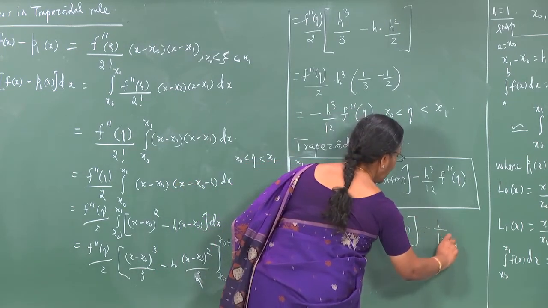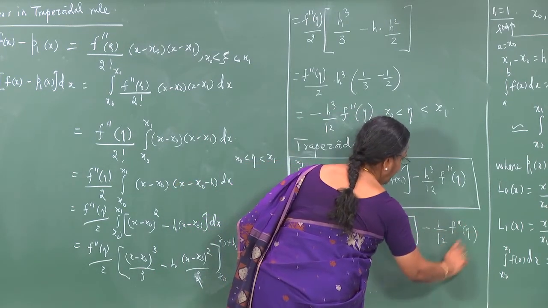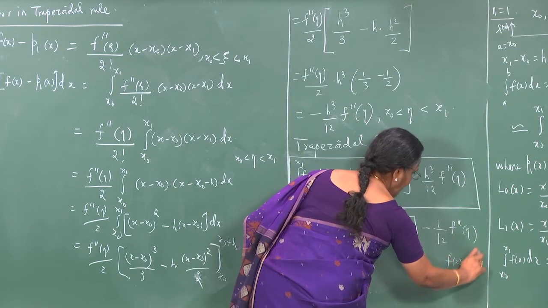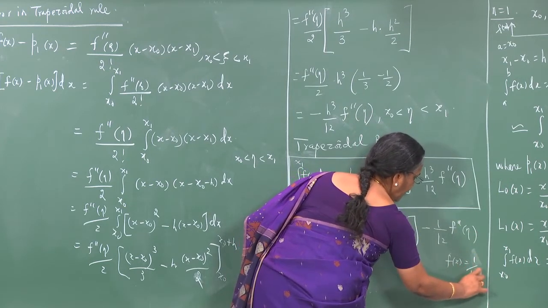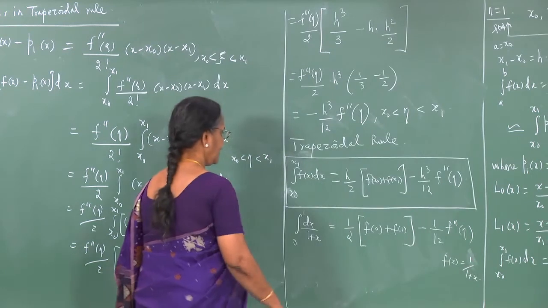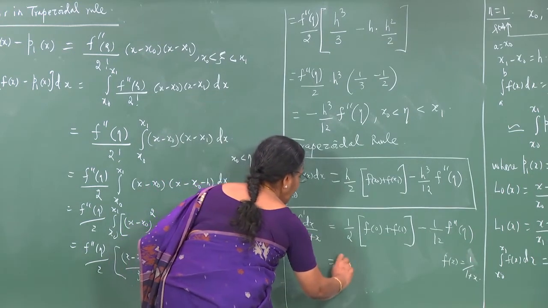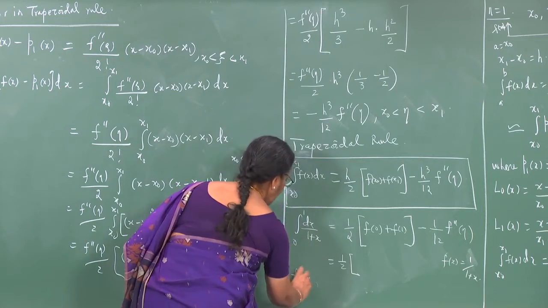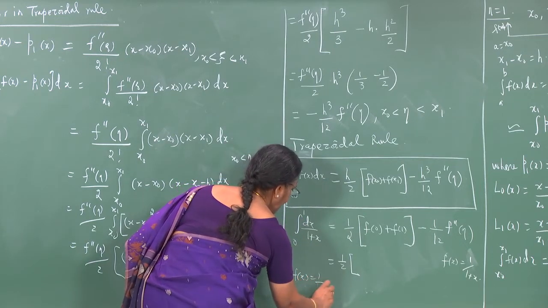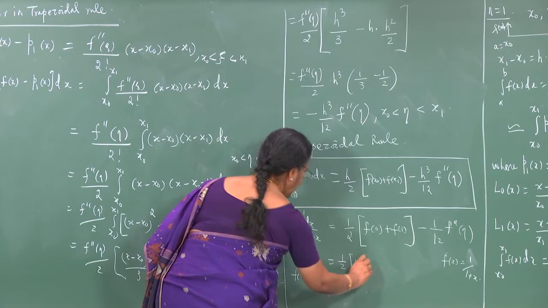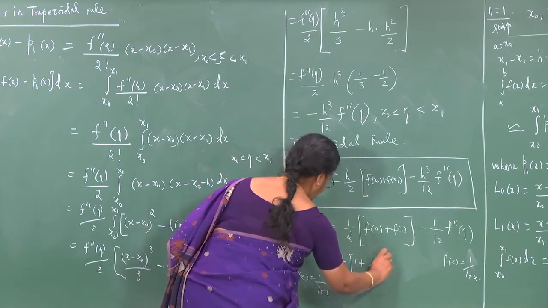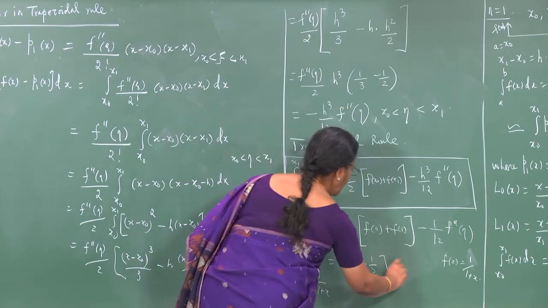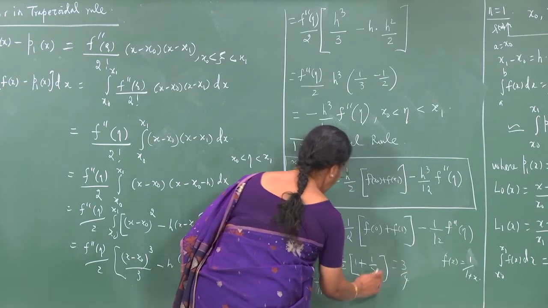So, 1 by 12 into f double prime at eta, where f of x is 1 by 1 plus x. So, this essentially will give you half of f of 0, f of x is 1 by 1 plus x. So, f of 0 is 1 plus f of 1 is half. So, the result is 3 by 4.